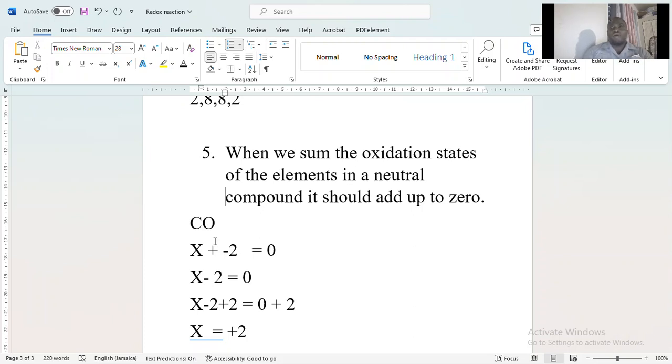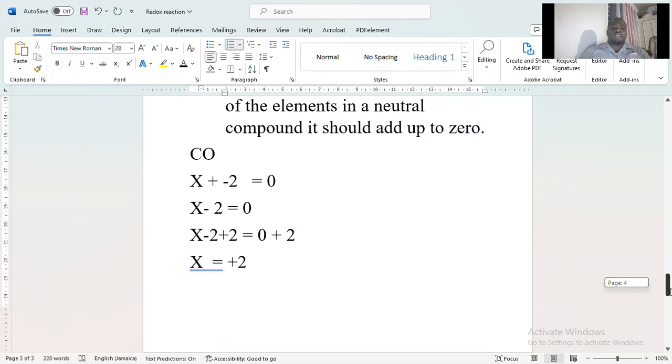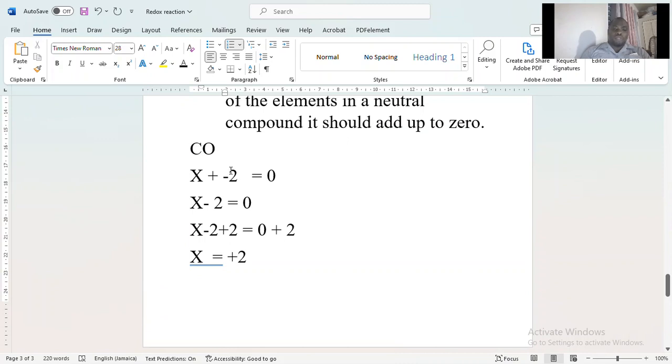So they underline or they just say, okay, what is the oxidation state of the carbon in carbon monoxide? Show working. Fine. It requires you to show working, you do that. If it is not the case, then you just do your little working in your head and you get to it. But what I'm trying to bring across is you can use the rules to obtain the oxidation number of the elements.